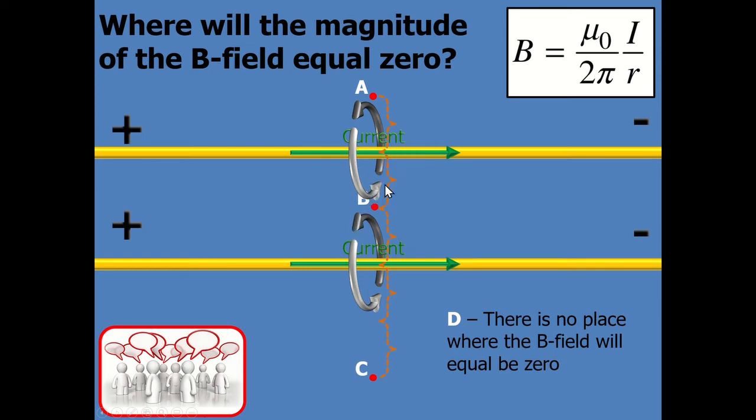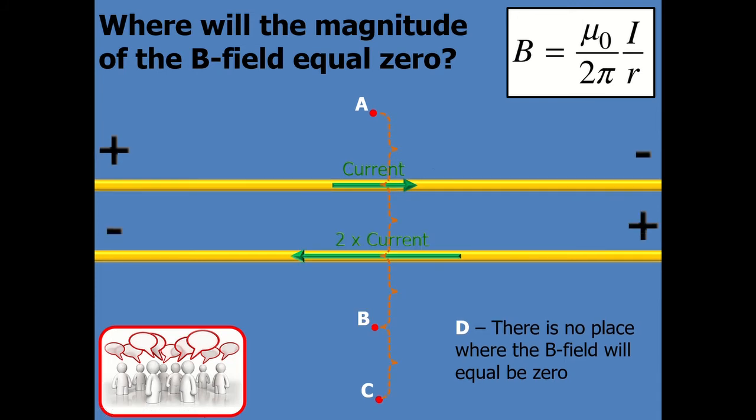Under this wire, the magnetic field from that one is going into the screen. And so our answer is B here, because they have the same current, and if I go the same distance from each of those, the same current and the same distance will have the same strength of the field, but one is going into the screen and the other is coming out of the screen. So they are going to cancel each other out and have no net magnetic field right there.